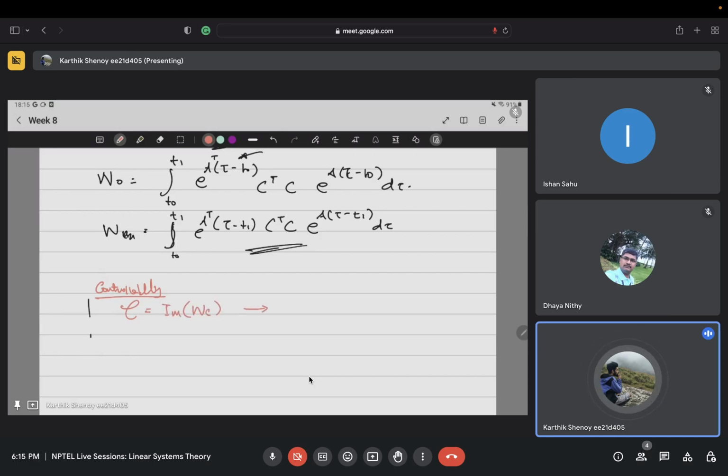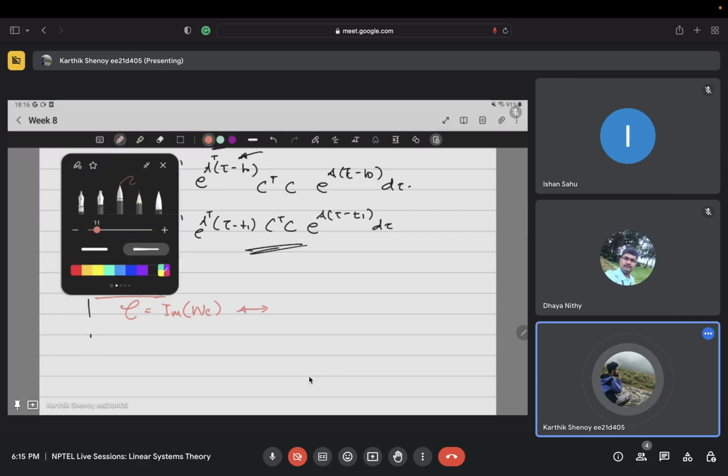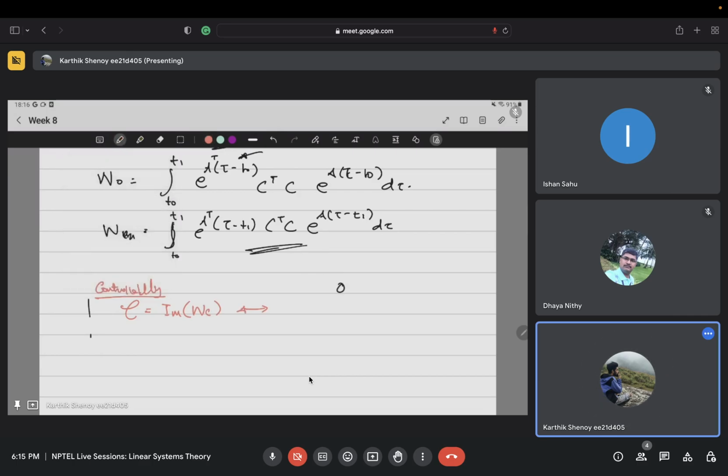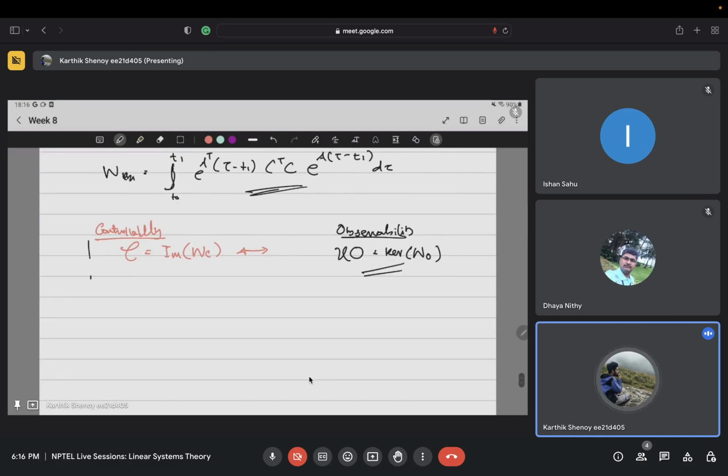So what is the dual of this? The dual of this is nothing but observability, where your unobservable subspace is the same as the kernel of the observability Gramian. Okay, same way you can write it for reachability and constructability. Okay, so this is your kernel.